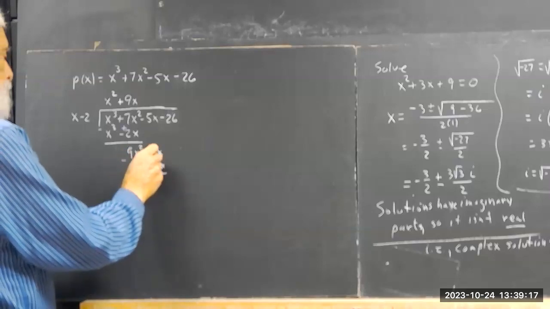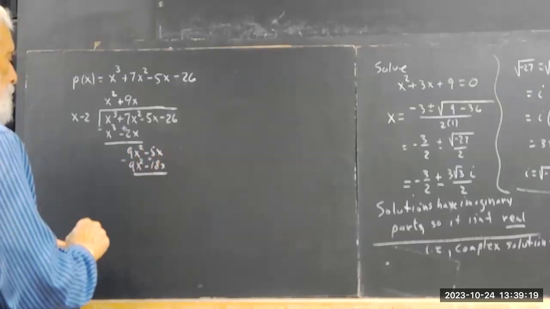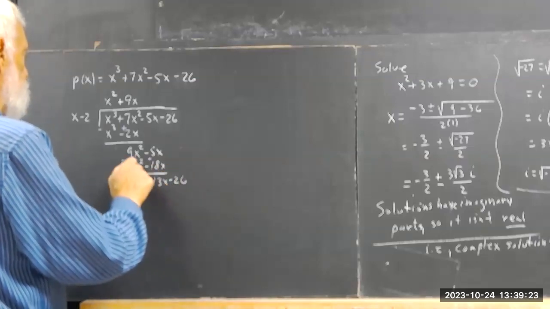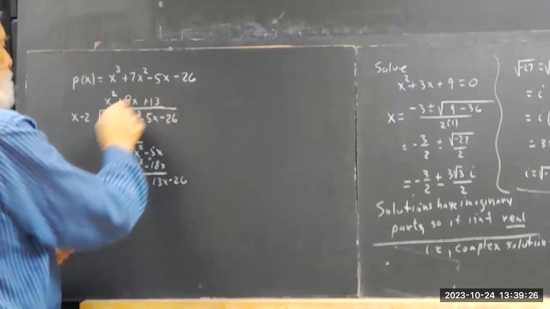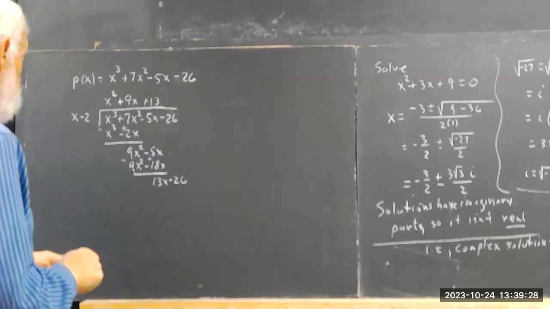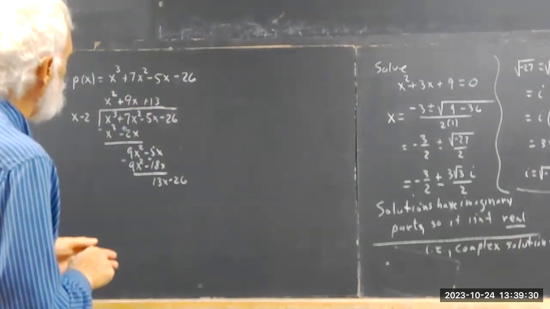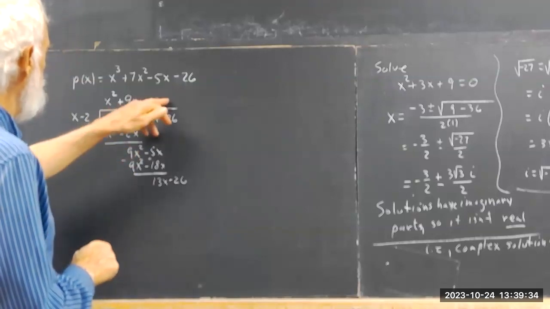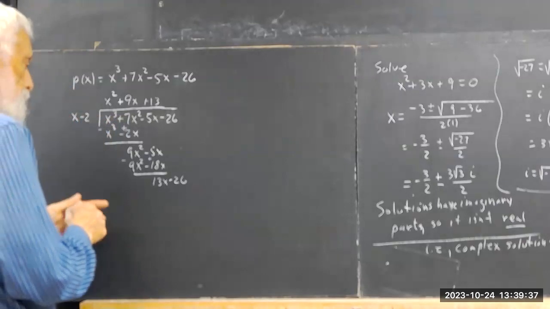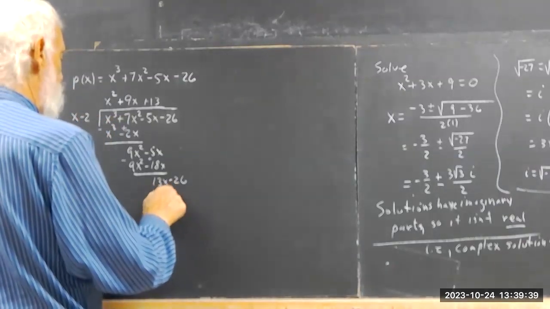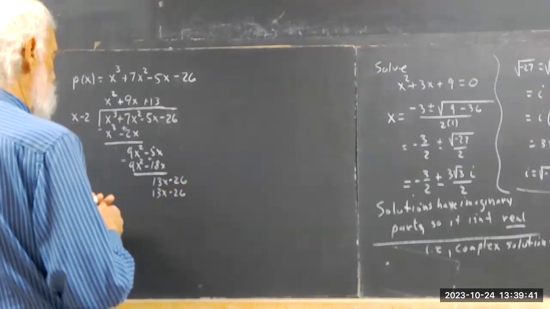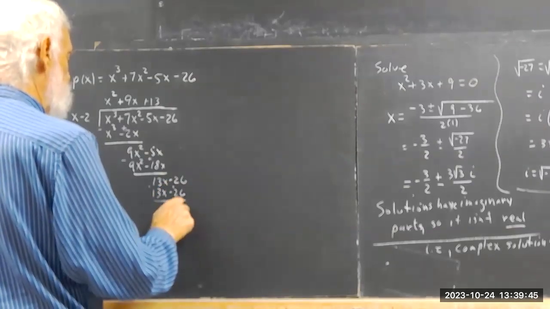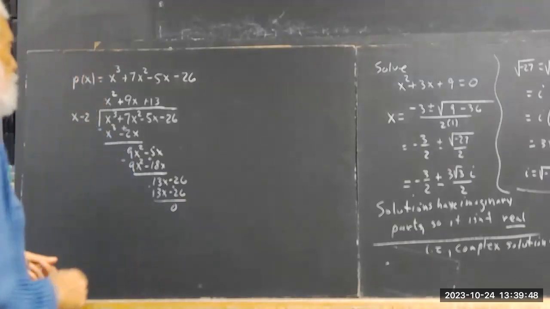Be careful about our signs. And we get 13x minus 26. So this gives us plus 13. Now 13 times this gives us 13x. And we subtract this. And we get 0. So it's no remainder.